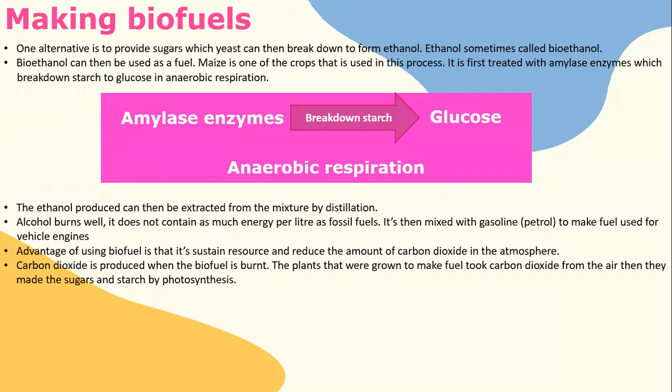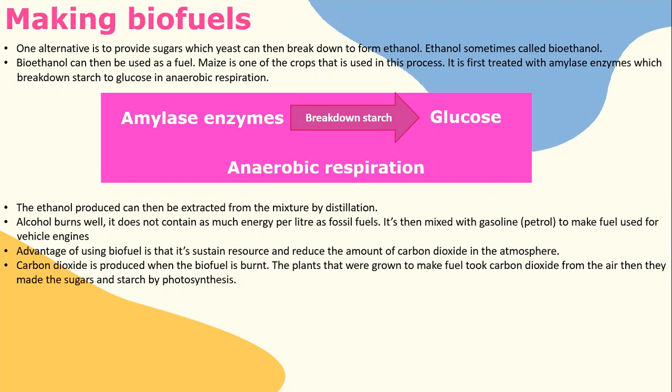Making biofuels. One alternative is to provide sugar, which yeast can then break down to form ethanol. Ethanol is sometimes called bioethanol, and bioethanol can then be used as fuel. Maize is one of the crops that is used in this process. It is first treated with amylase enzymes, which break down starch to glucose.